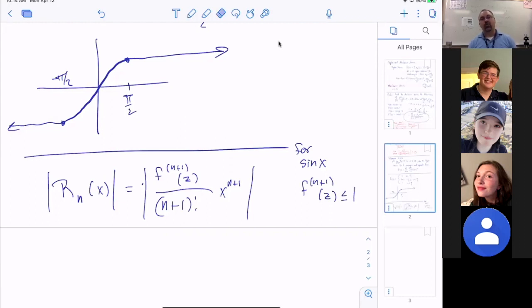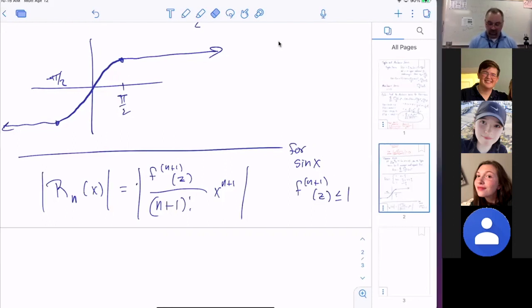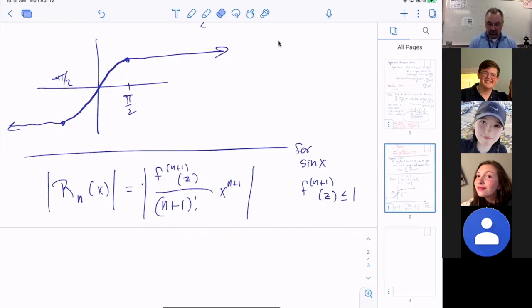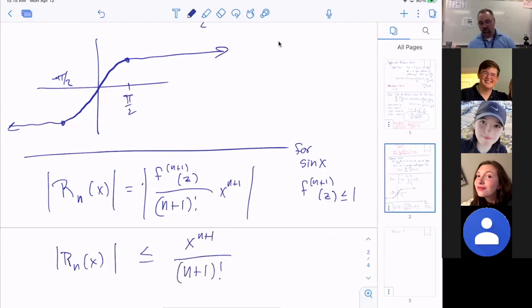And so you might remember we substituted in there that Lagrange error formula that said the max of that n+1 derivative. Well, look, the max in this case is just 1. So we can show that the remainder is less than or equal to x to the n+1 over n+1 factorial.